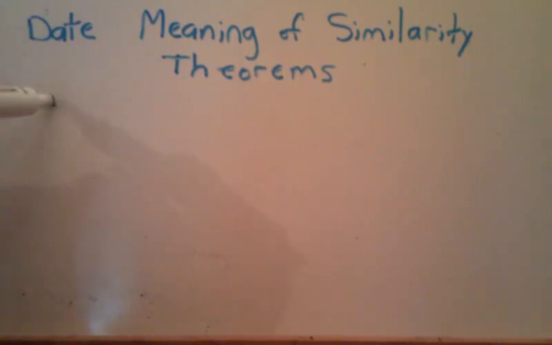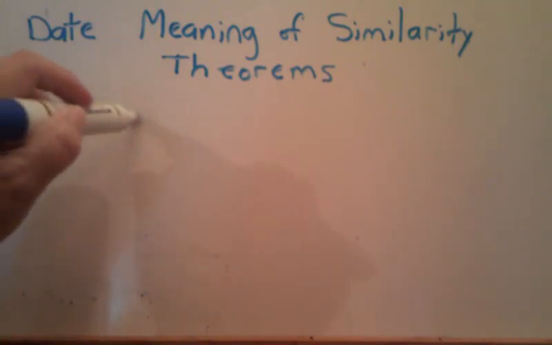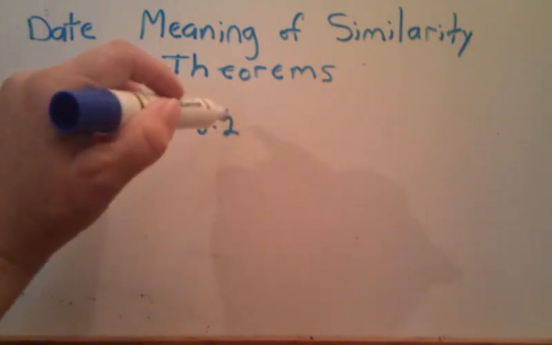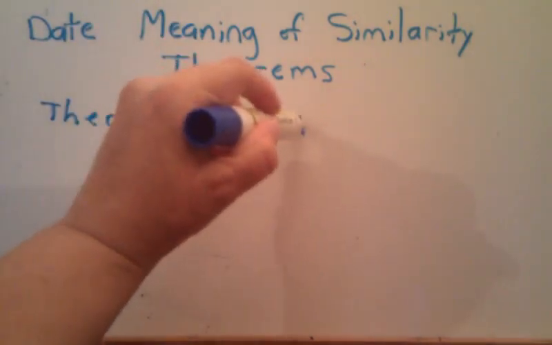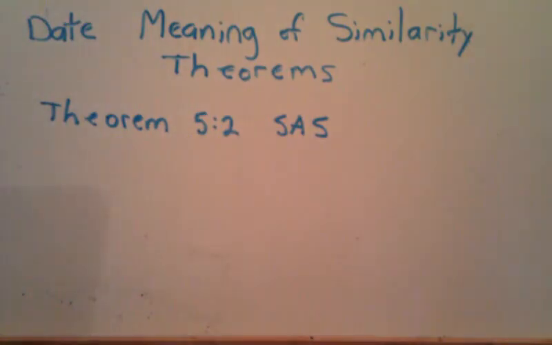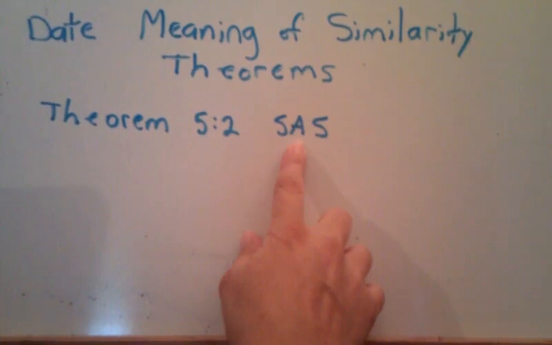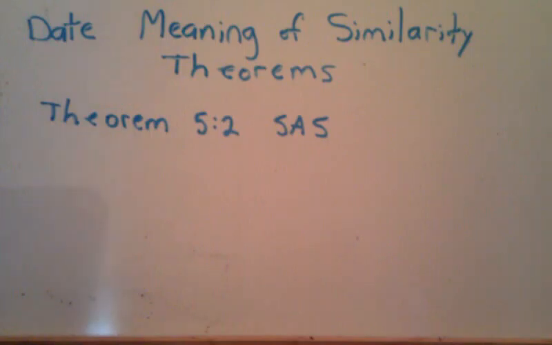Theorem 5.2 is known as the side angle side theorem. It states that if you can prove that two sides and the angle between them are similar on two triangles, then you can prove that the two triangles are similar.